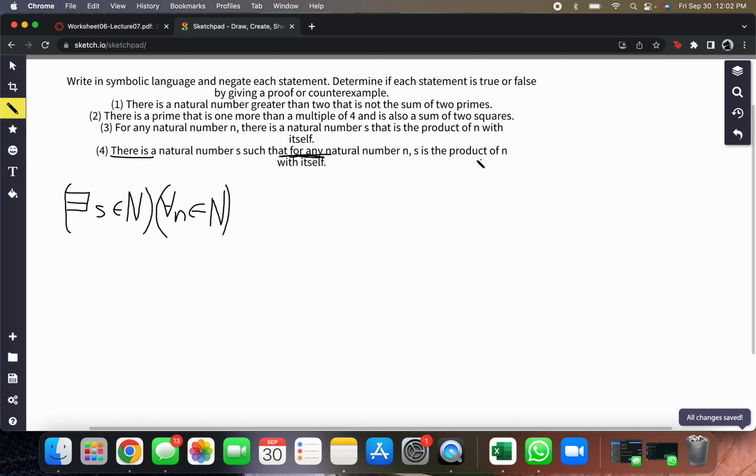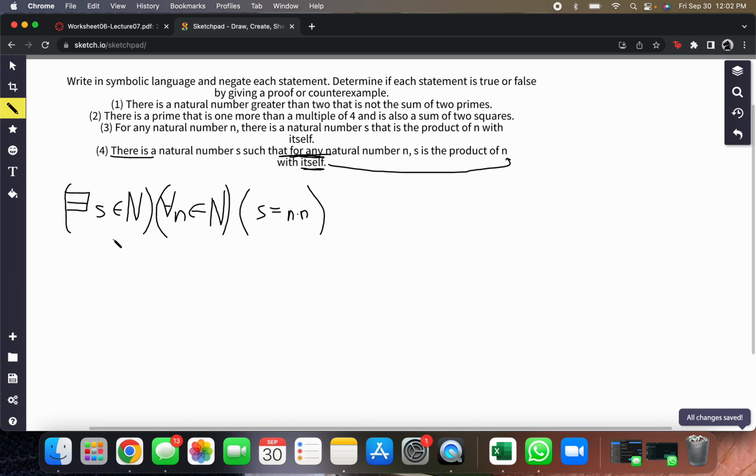S is the product of n with itself. And there was some confusion in my class about what itself was referring to. Itself is referring to n. So basically n times n. So the condition is that s equals n times n. And if any of you guys are math aficionados, you might like to call this n squared.